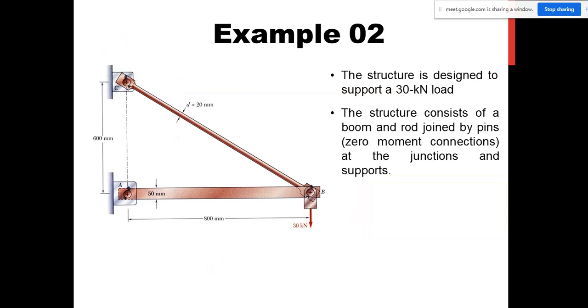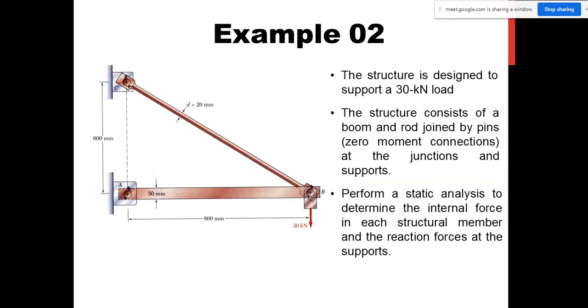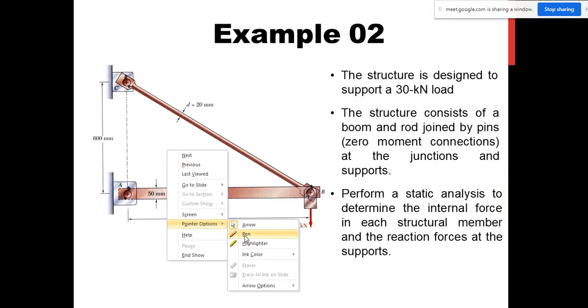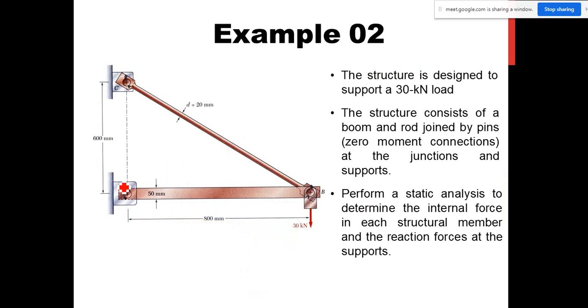Alright, so example number 2. Let me read the question. The structure is designed to support the 30 kilonewton. So you have the structure like this, with A, B, and C, and this structure supports 30 kilonewton.